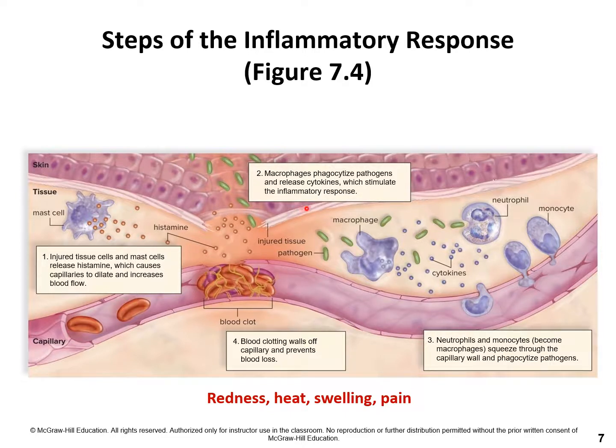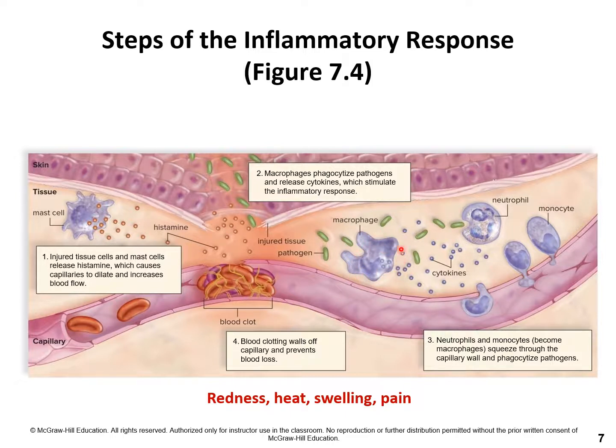And so things like macrophages, these white blood cells that phagocytize pathogens, will come to the infected or injured site of the tissue to phagocytize the pathogens.